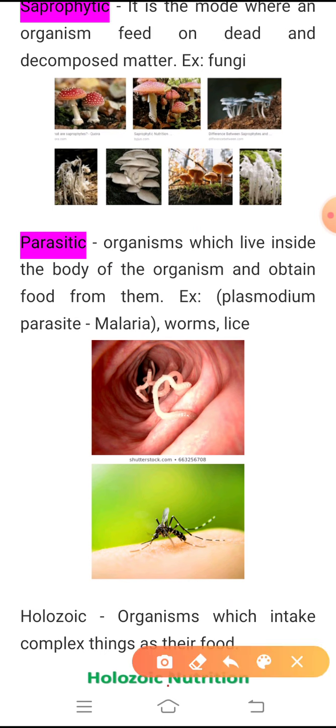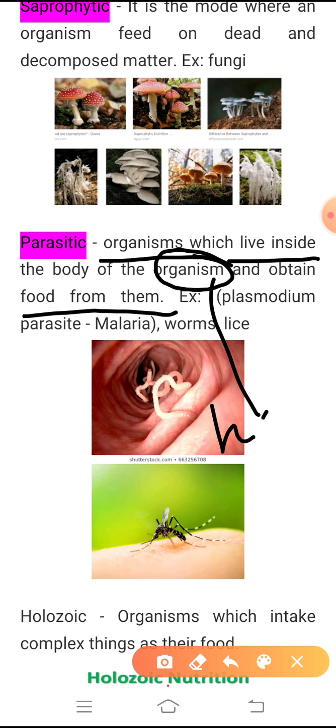So under parasitic, they are the organisms which live inside the body of an organism and obtain the food from them. Here we can consider the organism as the host. I hope I have told you in earlier years when I was taking the class for you.